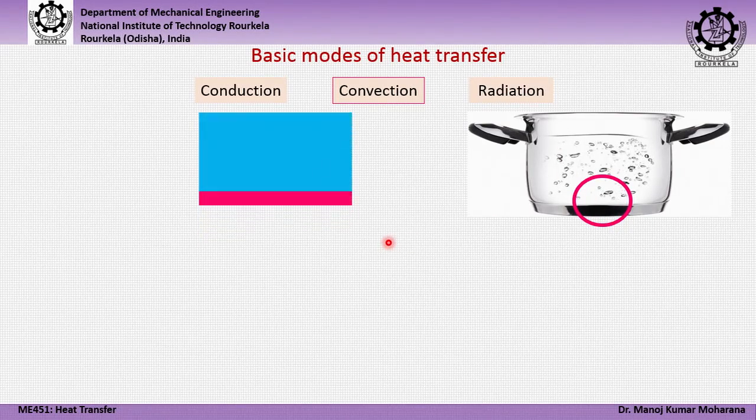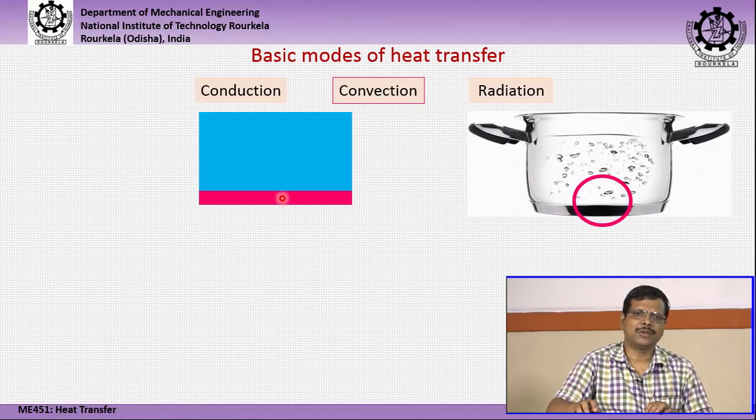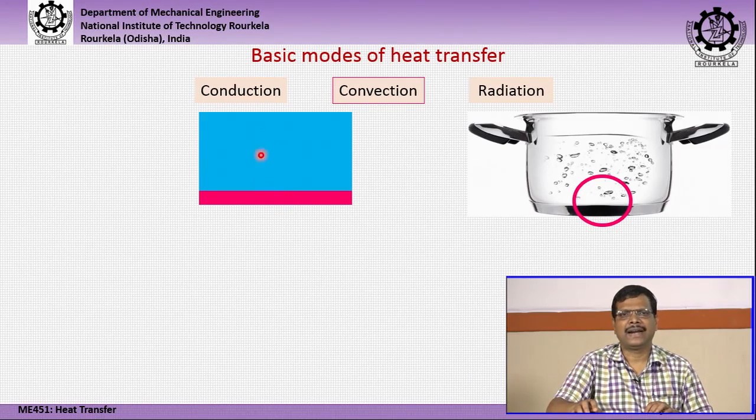This represents the solid portion and this represents the water in the container, and here we are going to add heat at the bottom. So the solid will gain heat and there will be conduction in the vertically upward direction in the solid. Then there will be transfer of heat from the solid to the adjacent fluid.